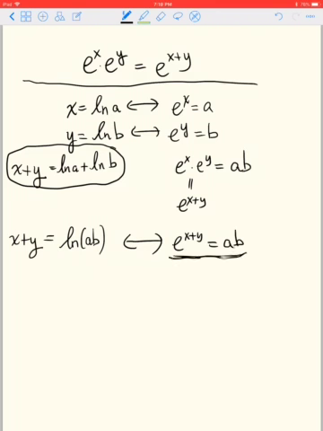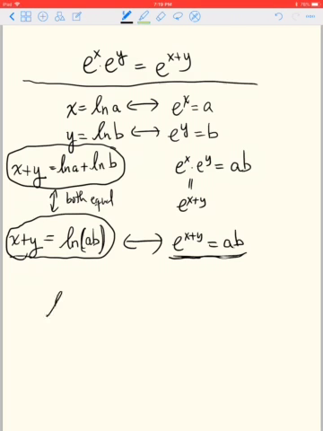Let's do that one more time. Since e to this power x plus y over here is equal to a times b, then that must mean that that exponent x plus y is the log of a times b. So I've got two things in circles now. And look, they're both equal to x plus y.